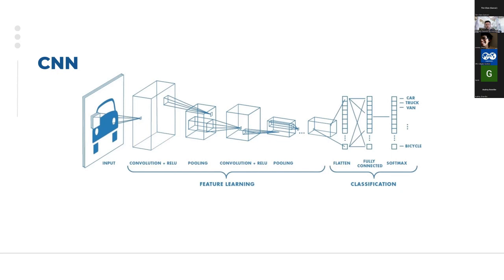For example, if it's a cat, could be the tip of the ear, also a small shape of the eye, and so on. So we're going to try to extract all the small things that the images contain. And then you send them to this fully connected neural network and see which ones of them are used to predict if this image is a car, a truck, or a van, etc.